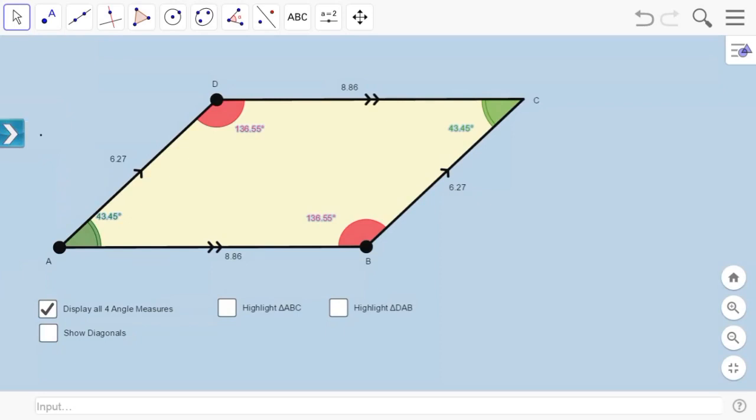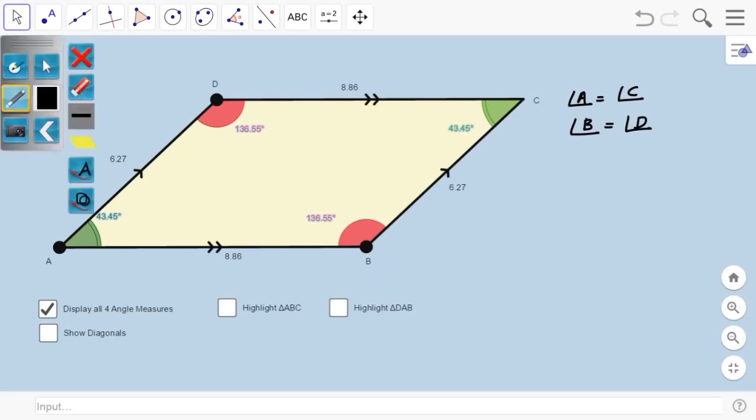Opposite angles. Angle A is equal to angle C and angle B is equal to angle D. So opposite angles are equal. In a parallelogram, opposite angles are equal. This is one more property. Remember, in a parallelogram, opposite angles are equal.